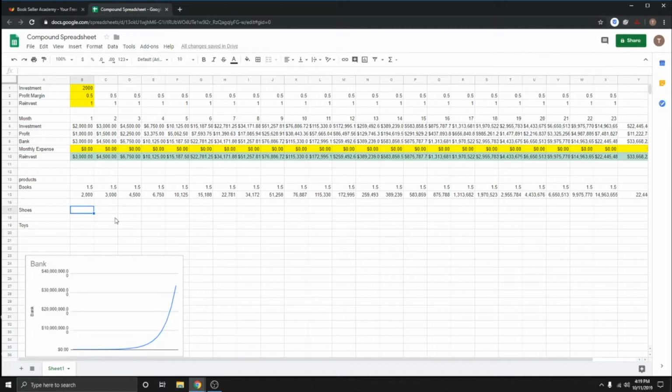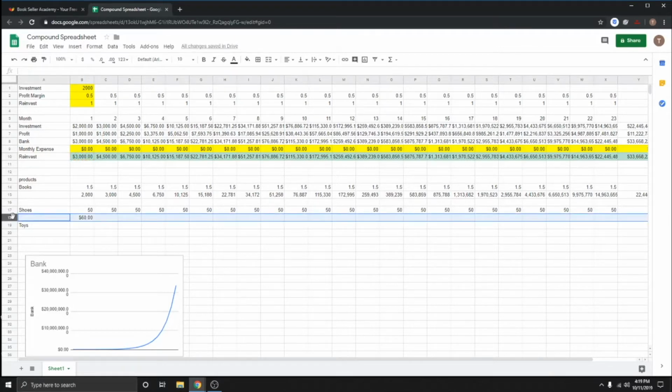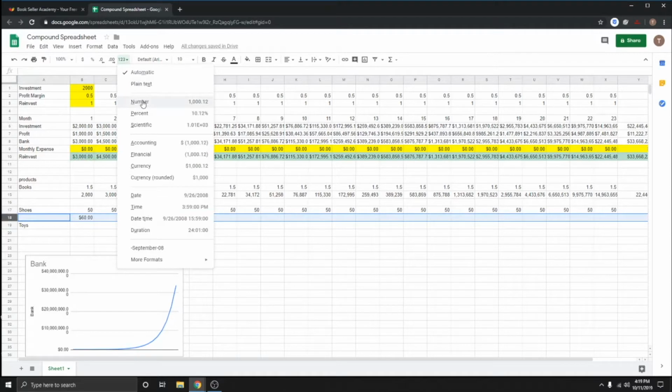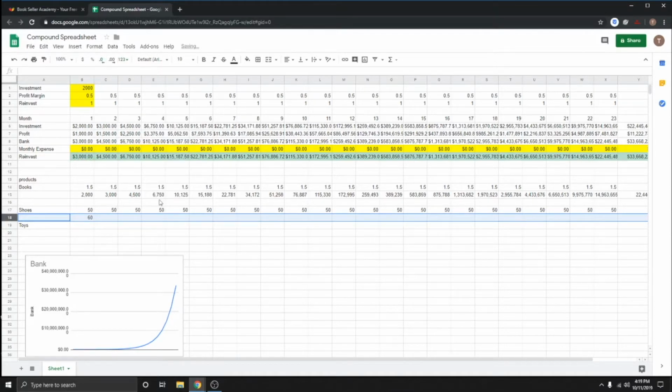So for shoes, even if you're at a $50 buy cost per shoe, we are going to take the number you're reinvesting and divide it by 50. These are the number of units you need to buy per month. We'll just remove the decimal, basically following this graph.